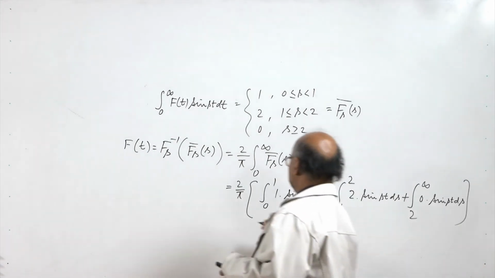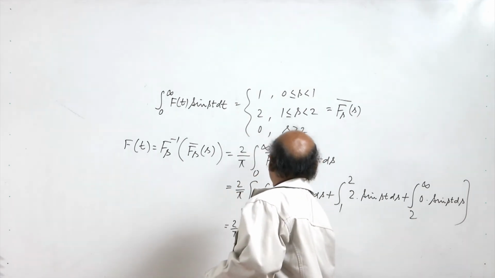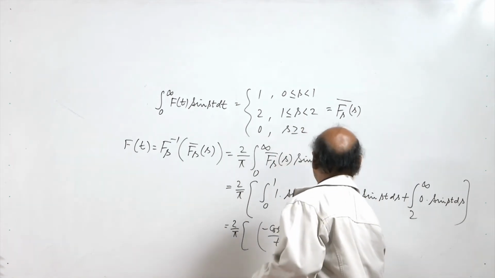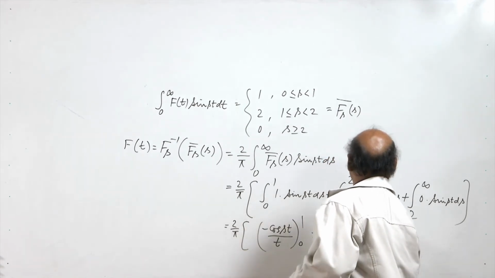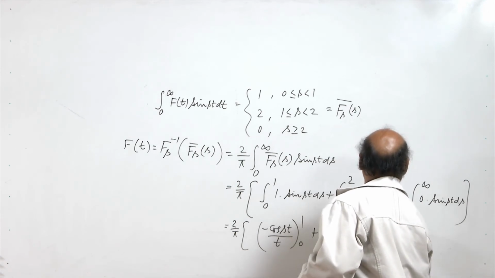So this is equal to 2 upon π, and we have minus cos(st) divided by t from 0 to 1, and here we have 2 times minus cos(st) divided by t. This is 0.